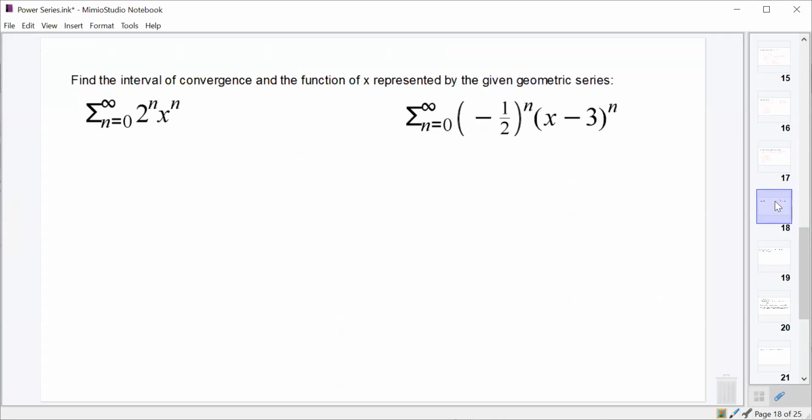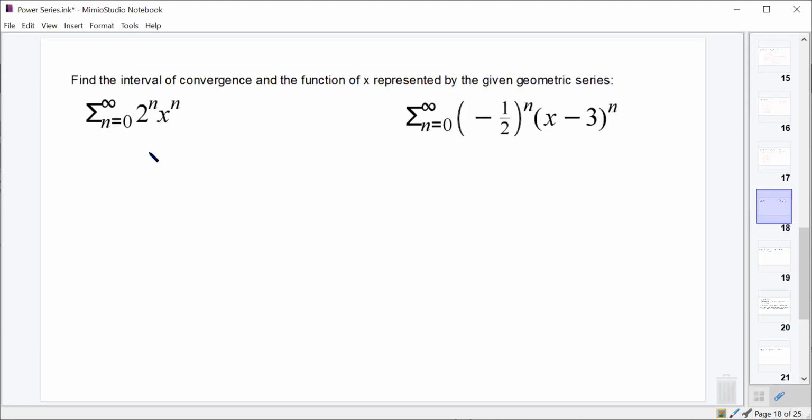So let's see if we can find the interval of convergence and the function that is represented from those two geometric series. And these may be ones that we might have already looked at a little bit today, but let's see if we can rewrite both of these so that they look just like a common ratio to the power of n, since we're starting at n equals 0.